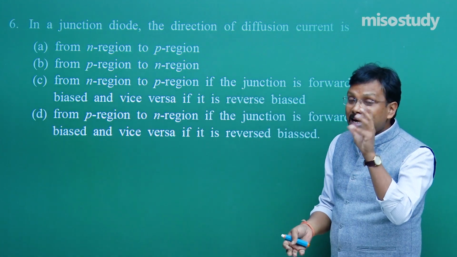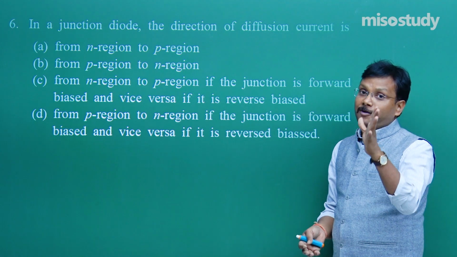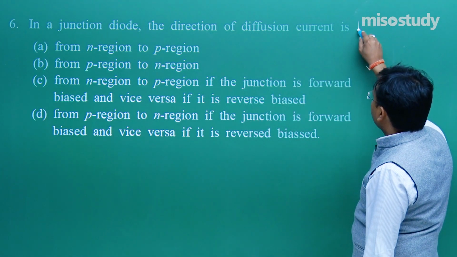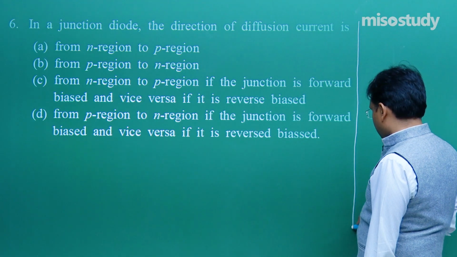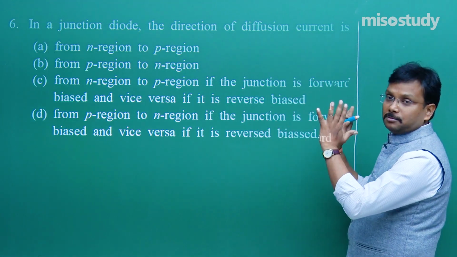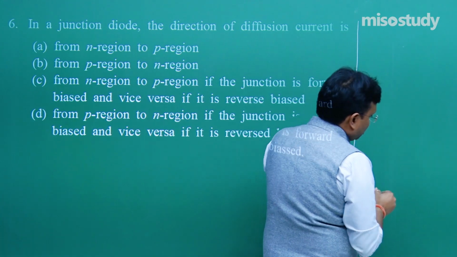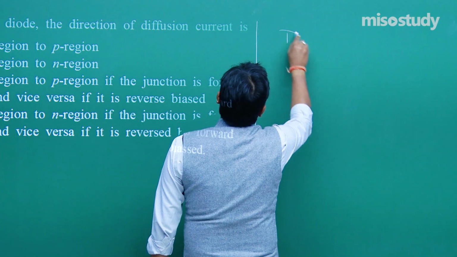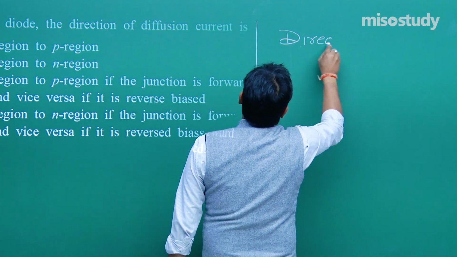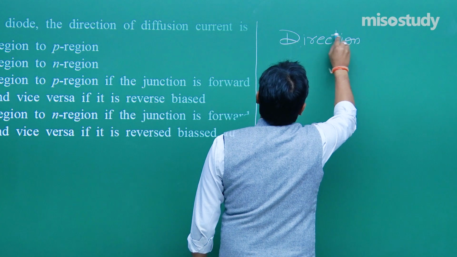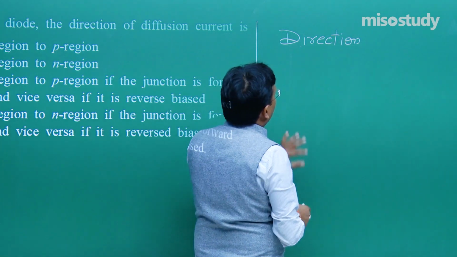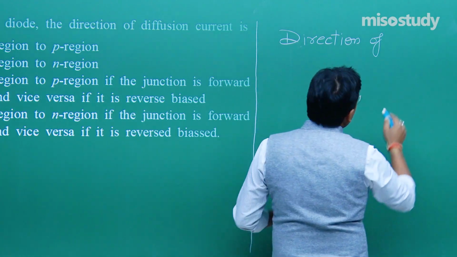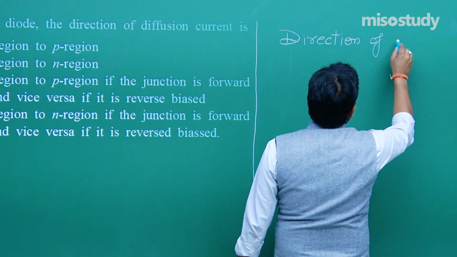And you know, twisted facts are really very difficult to understand or to digest. So let's try to find out on the basis of the basic approach of this problem's solution. Over here I would like to mention the direction, and why you people commit these mistakes I will also tell you, but first allow me to write down the direction of diffusion current.